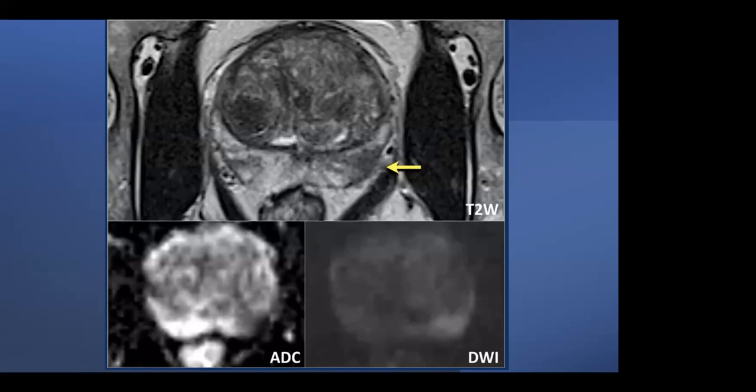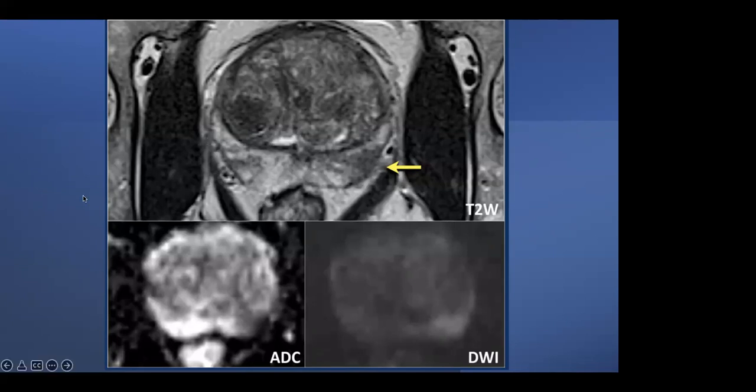So we are going to complement the T2 finding with the DWI and ADC mapping. If we look at the DWI, which is the bottom right image on the screen, it shows hyper-intense or bright signal as compared to the other prostatic parenchyma. And subsequently on ADC, this lesion is appearing markedly hypo-intense, making this lesion highly suspicious.